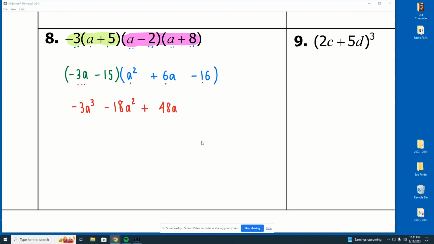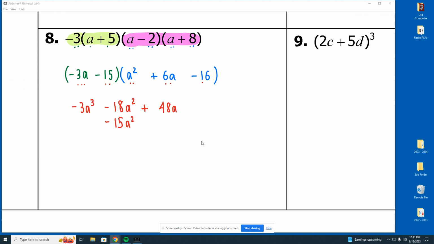Now let's move along. Let's take this negative 15 now and distribute it to a squared. Negative 15 times a squared, negative 15a squared. Then I'm going to take that negative 15 and multiply it by positive 6a.